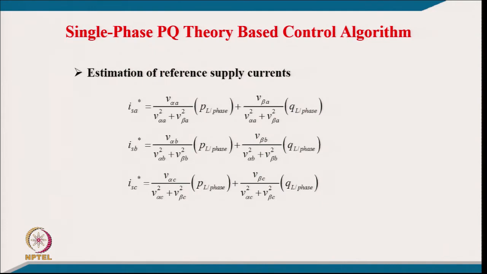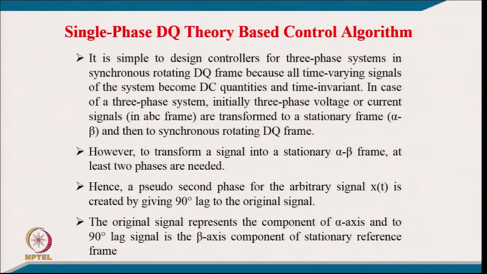This gives a 3 phase reference current, which we compare with the sensed grid current for indirect current control. We give those current errors to either a hysteresis current controller or any other PI current controller, and we get the gating signal from those reference and feedback currents. So, that is about single phase PQ theory.